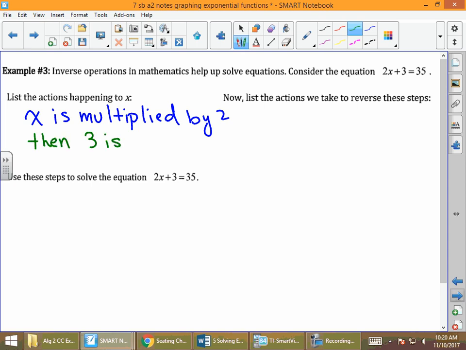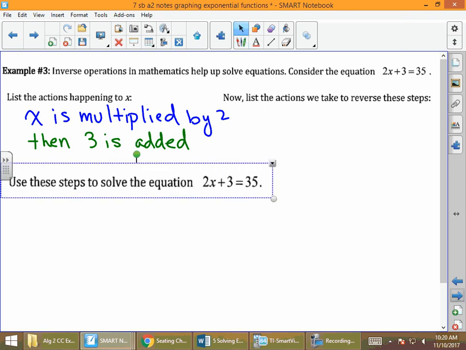Well, to look at the reverse of these steps, I think it might be easier maybe to actually solve this equation. What are we going to do first?